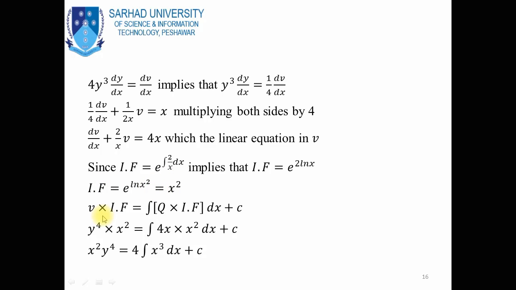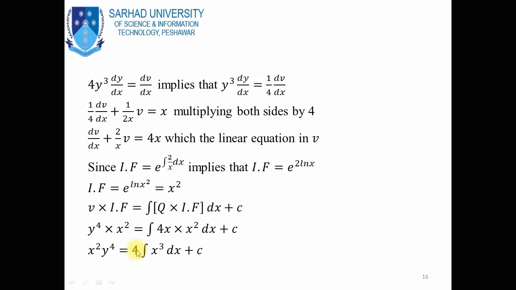Now to find the solution by using the formula, dependent variable multiplied by integrating factor, in this equation v is the dependent variable, and dependent variable multiplied by integrating factor is equal to integration of the product of q function and integrating factor with respect to x plus c. So 4x is the q function and x square is the integrating factor.